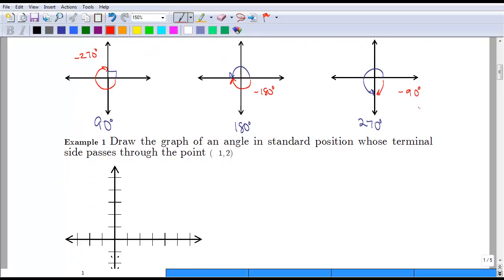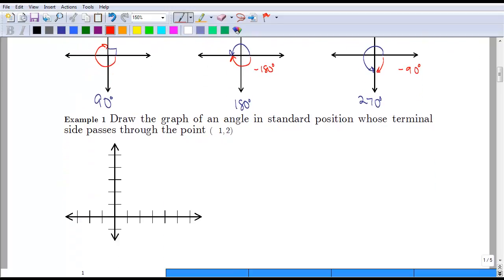Let's take a second and look at actually drawing an angle in standard position. So we want to draw the graph of an angle in standard position whose terminal side passes through the point (-1, 2). All we're going to do here is first we're going to label our graph so we know what each unit stands for. And then we are going to go back 1 because -1 and up 2.